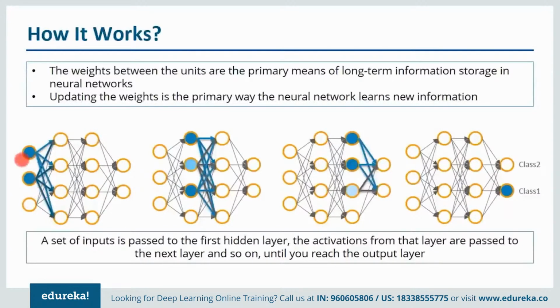Now what happens is, a set of inputs are passed to the input layer, and the output of the input layer will be passed to the first hidden layer. Then after the activation function of the first hidden layer, the output will be passed to the next hidden layer as the input, and similarly finally we get the output. Now you must be thinking how the model learns from here. Basically the model learns by updating the weights, and the algorithm that it uses is called backpropagation.